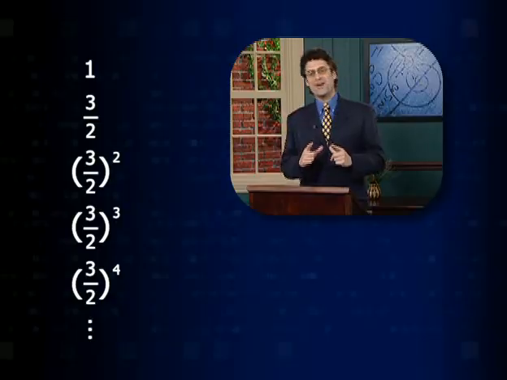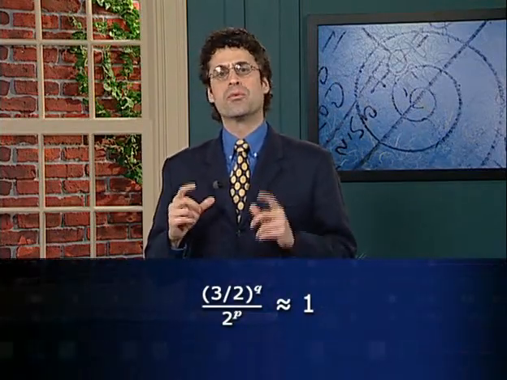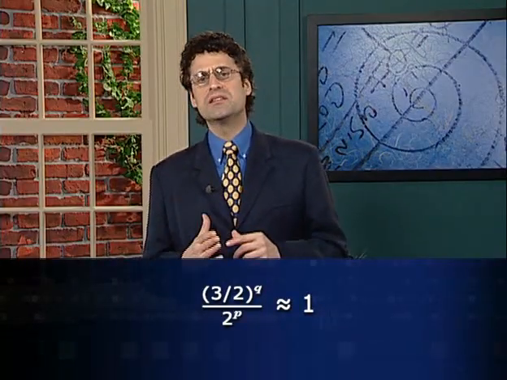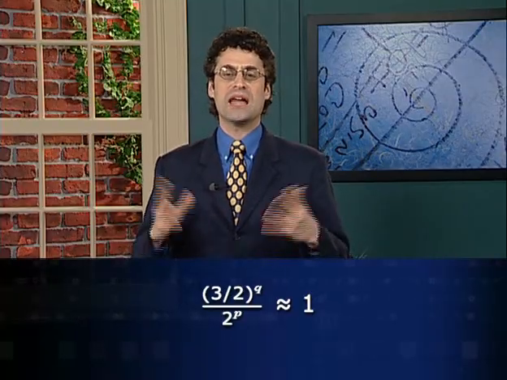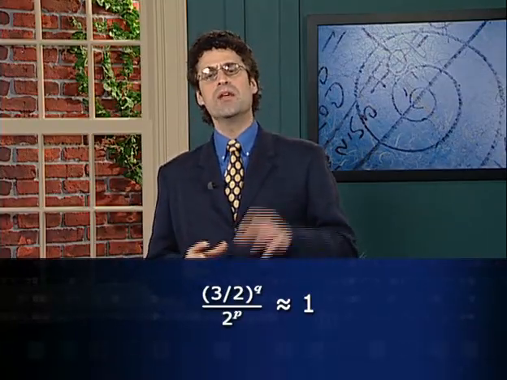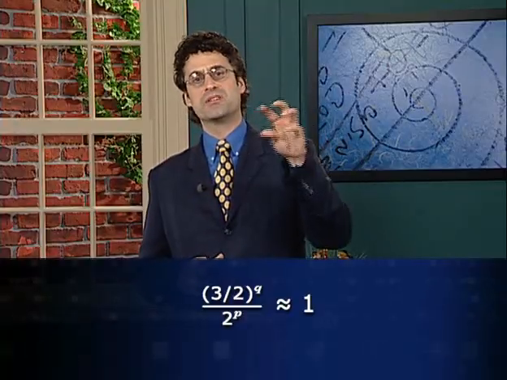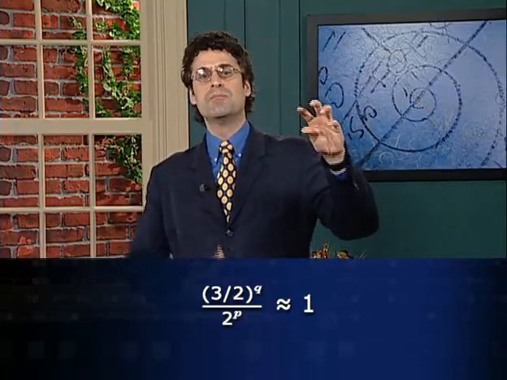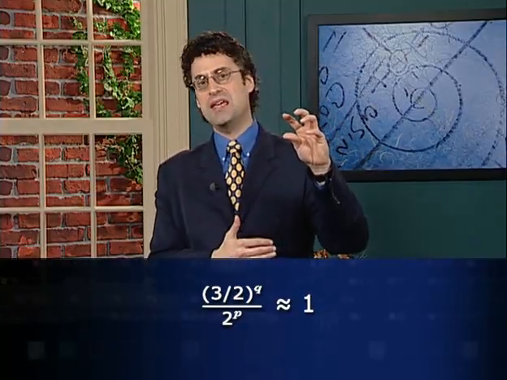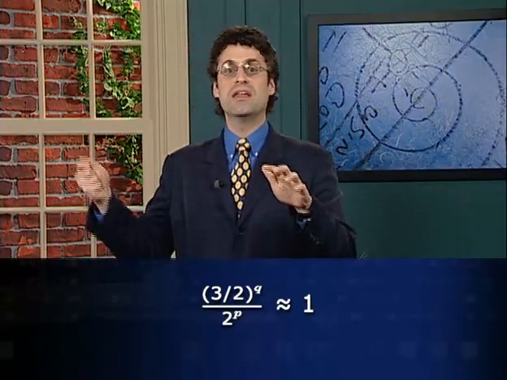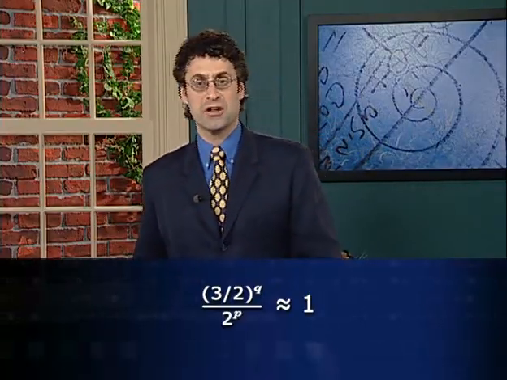Thus, we want to find a natural number exponent q and another natural number exponent p so that 3 halves raised to the q power, all divided by 2 to the p power, is ideally 1, or at least very, very close to 1. Why is that? Well, because the 3 halves to the q represents the progression, but we have to keep dividing by 2 as necessary, and therefore we divide by 2 to some power p, and we want to bring that back down to where we started, and we started with 1, so we want to get as close to 1 as possible.